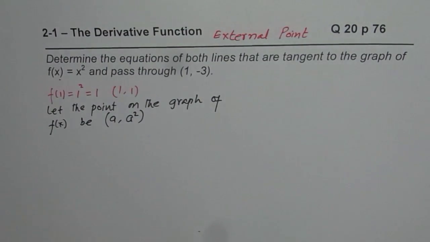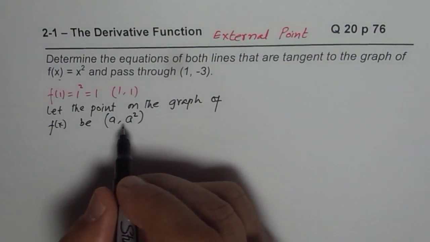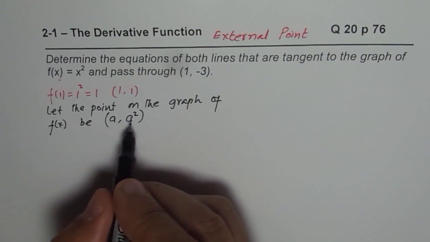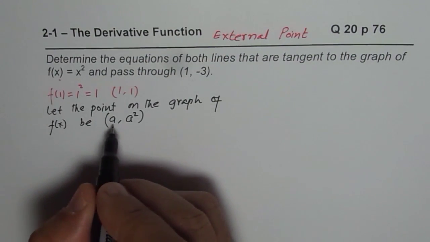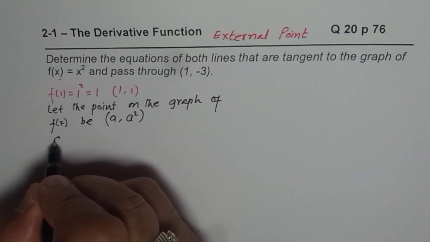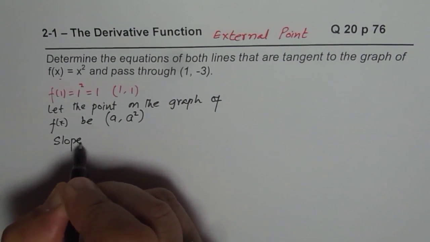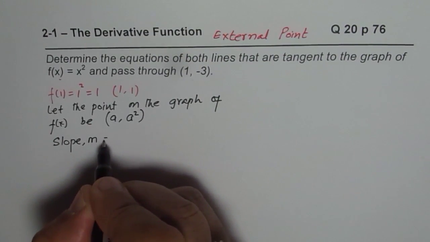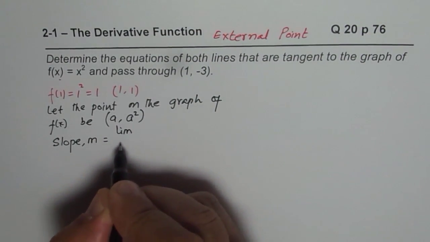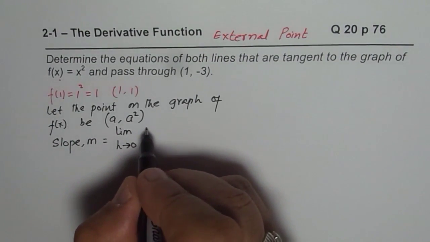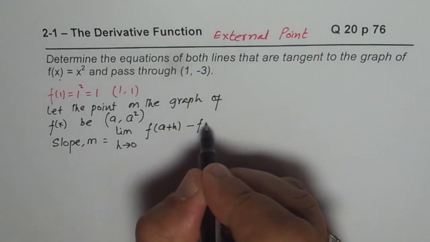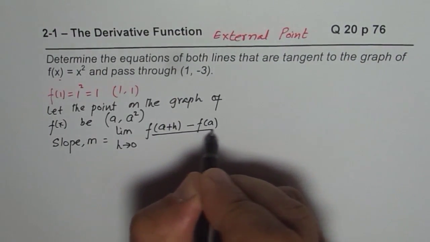But once we write that, it becomes easier for us to find the slope for this arbitrary point, right? So we say, what is the slope of the tangent line? We can use the difference quotient formula for limits to find this slope, right? So that is the limit as h approaches 0 of f of a plus h minus f of a, divided by h.